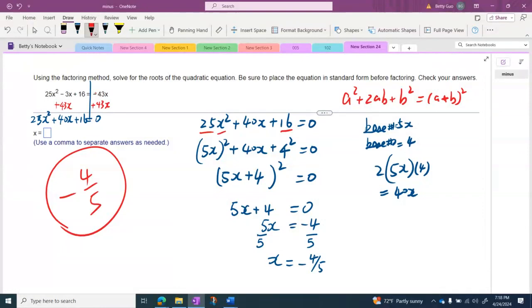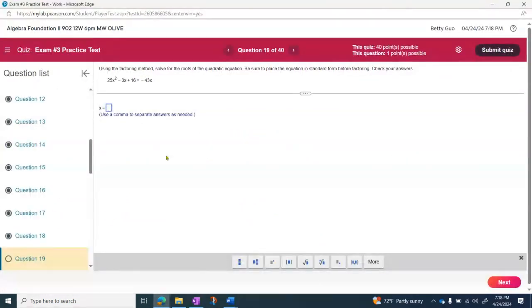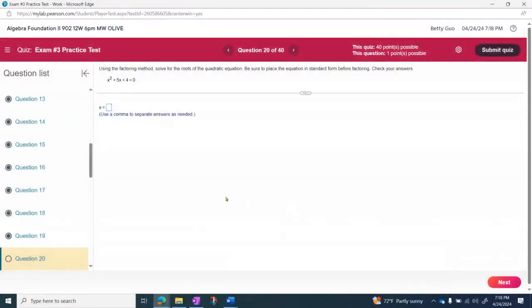Negative 4 over 5. Yeah, that's correct. Negative 4 over 5. Next.